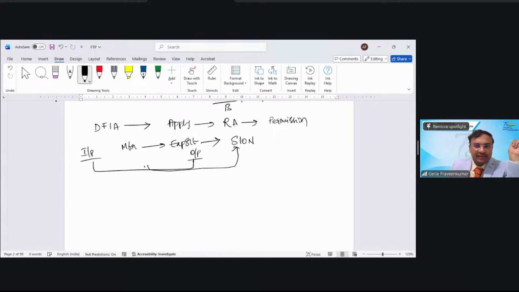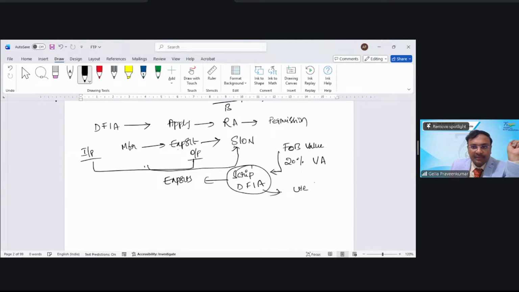On the basis of FOB value of exports, where minimum 20% value addition exists, you get a script called duty-free import authorization. This is on the basis of exports. This script I can use for any further imports.